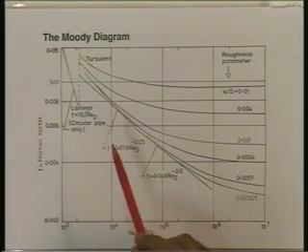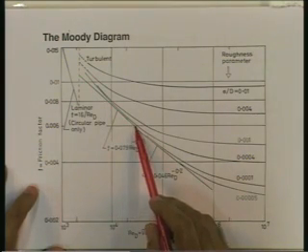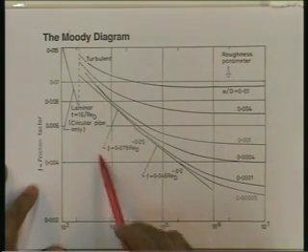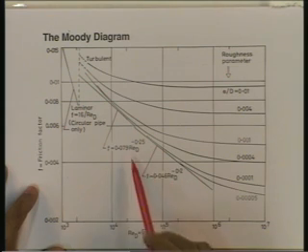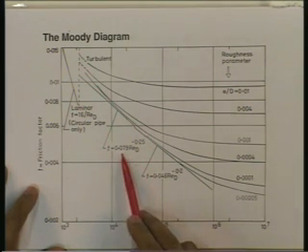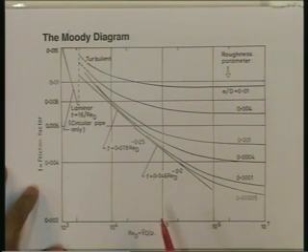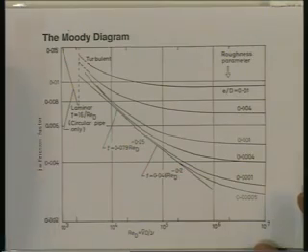Between Reynolds number of about 4000 to approximately 30,000, we have this correlation. Beyond that, we have this correlation. Notice that these two correlations are for smooth tubes, hence the friction factor is only a function of Reynolds number. The roughness parameter does not appear in these equations.